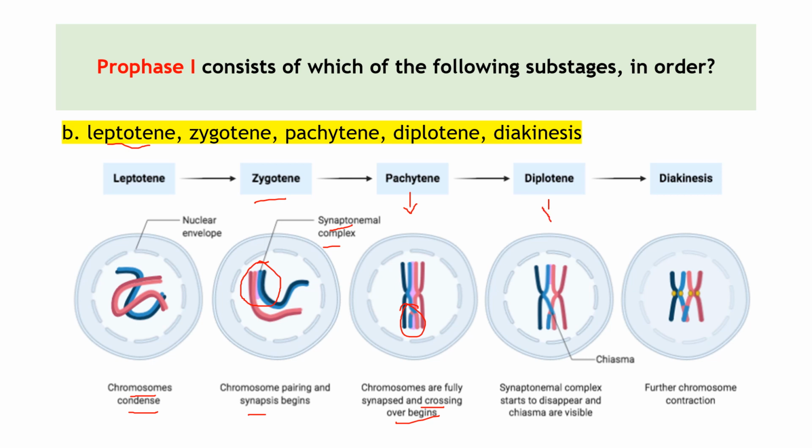In diplotene, these synaptonemal complexes start to disappear, but you can see the physical contact, which are the chiasmata. And in diakinesis is when the chromosomes contract, and already you can see the crossover there, and they are ready to move into the next step of meiosis.